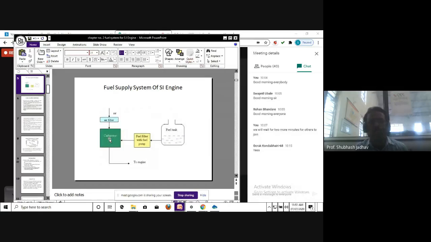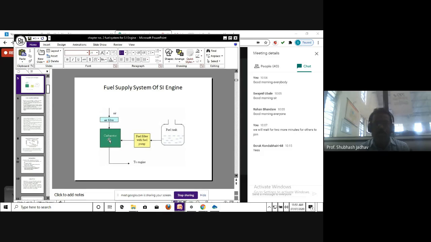Converting the air into liquid is very difficult and not a feasible solution, and therefore we prefer to convert the liquid fuel into fuel vapor. That is where we say we have to supply an air-fuel vapor mixture to the engine.